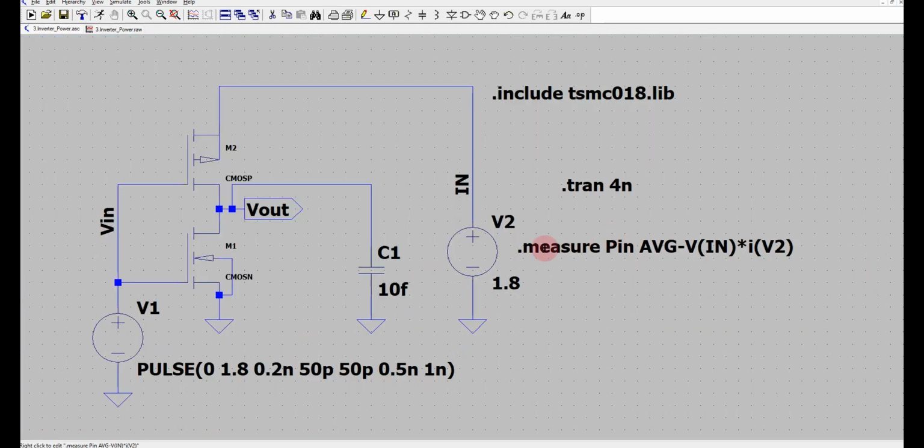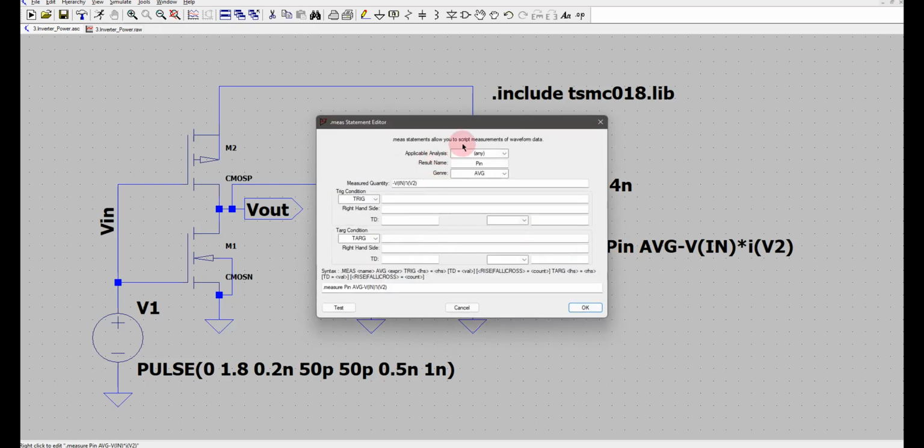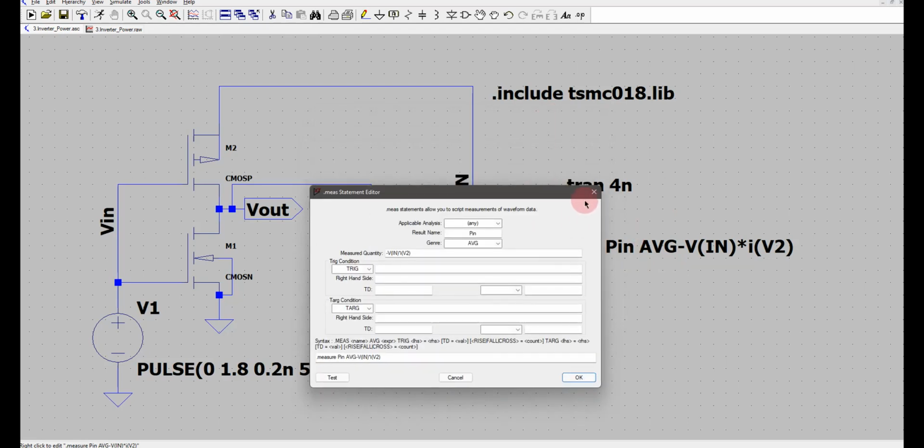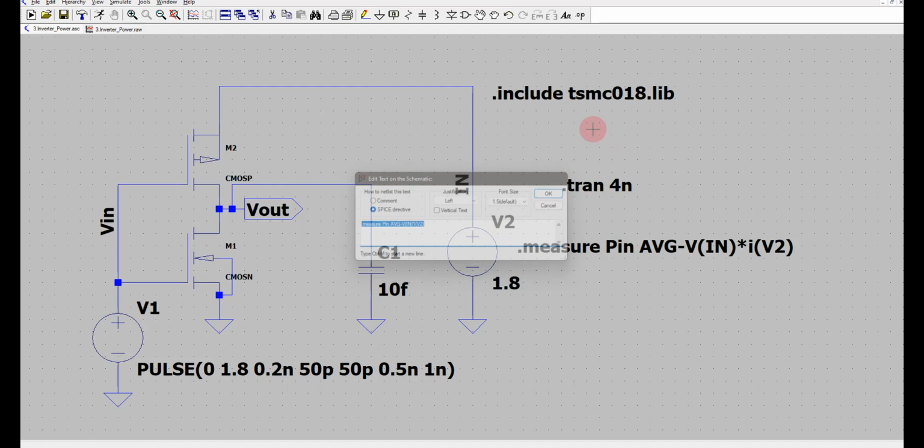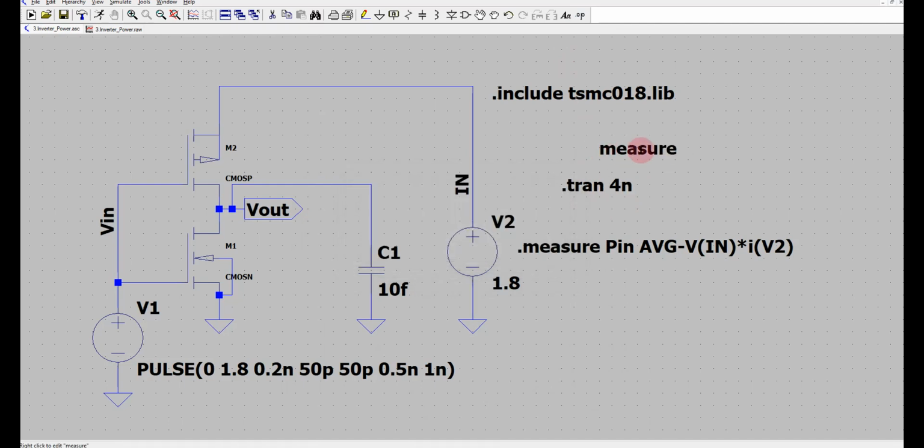Again, if you want to use the measure command, you can do that also. I just go to this SPICE window and write dot measure.